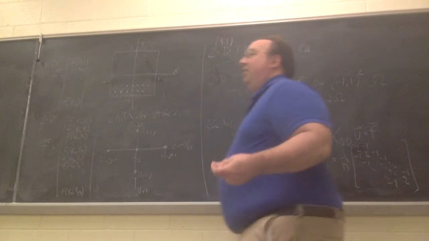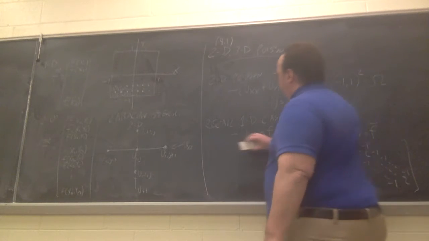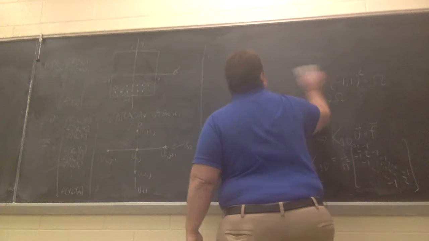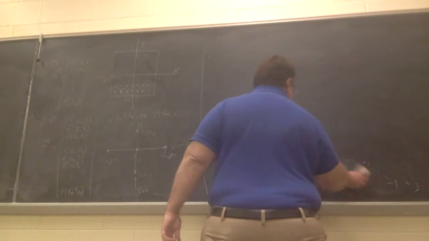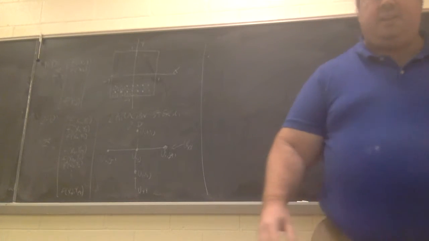They're n apart. So what does that do to the matrix? I'm actually going to write two matrices, one for u_xx and one for u_yy, and we can add them.